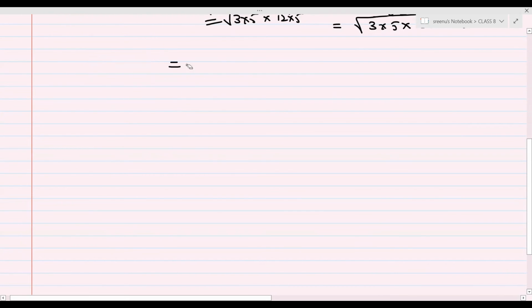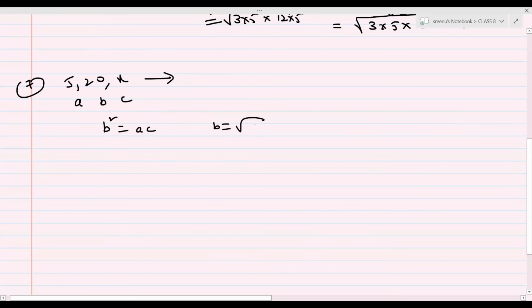Yes. Next. The seventh one, you see. 5, 20, x in continued proportion, then what is the value of x? So take it as A, B, C. The rule: B square is equal to AC, or B is equal to root AC.